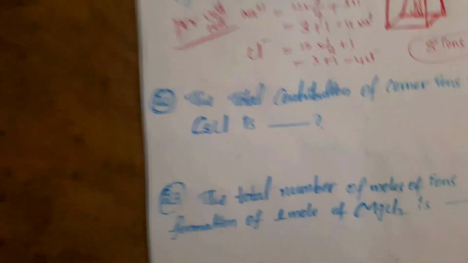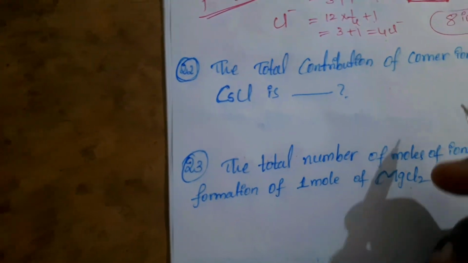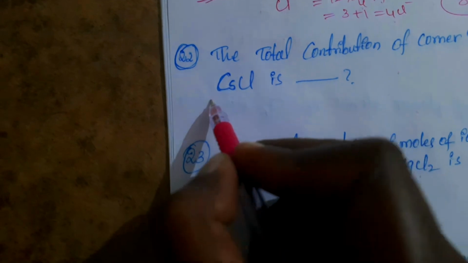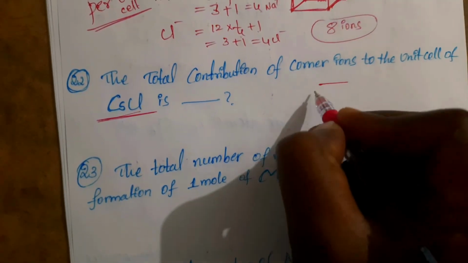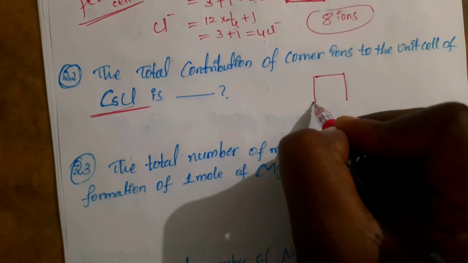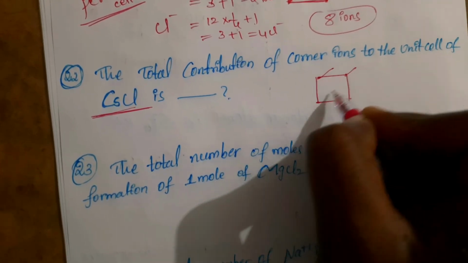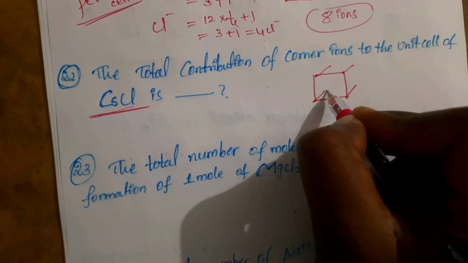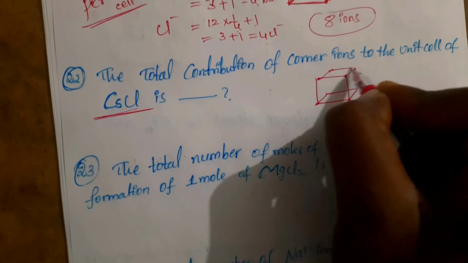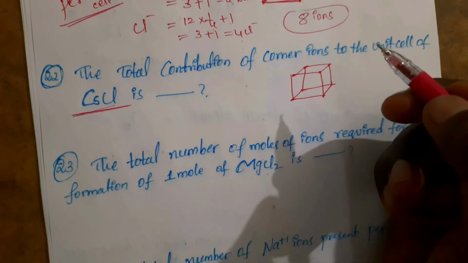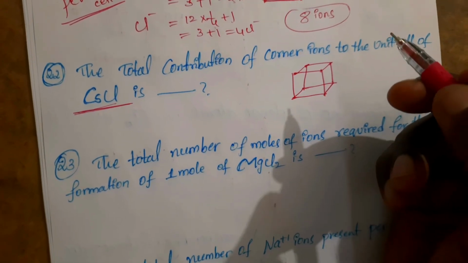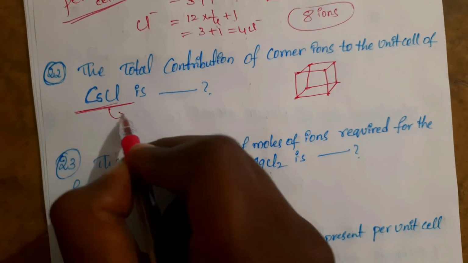Now next one is the total contribution of corner ions to the unit cell of cesium chloride. Cesium chloride has a body-centered cubic crystal structure. These are solid state related questions. In solid state I had explained already. Those who have not watched it, go through the solid state numericals also. Cesium chloride is BCC structure.